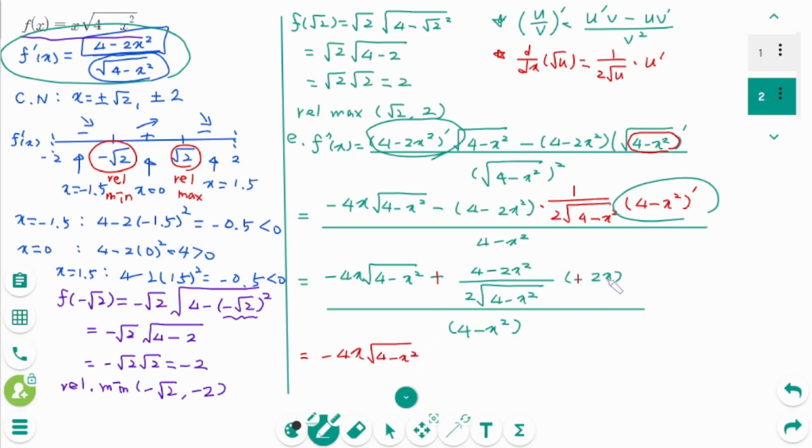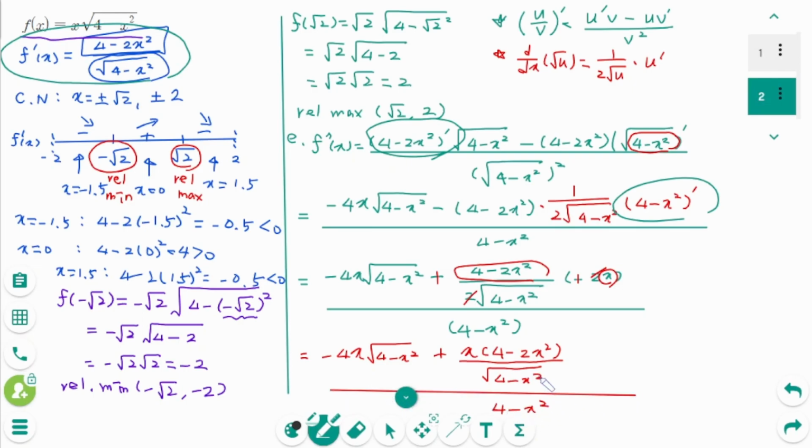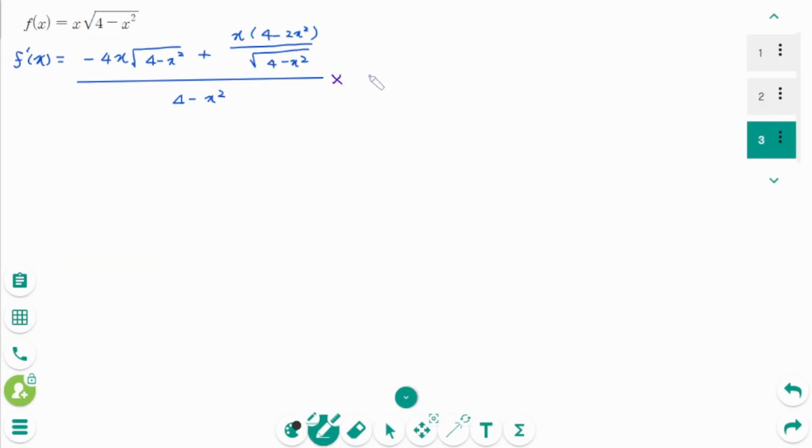Make positive, cancelled, then x times this one, (4 minus 2x squared) over square root of 4 minus x squared, then over 4 minus x squared, then times square root of 4 minus x squared over square root of 4 minus x squared, then expand.